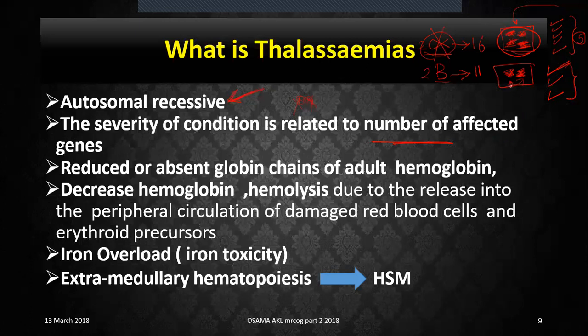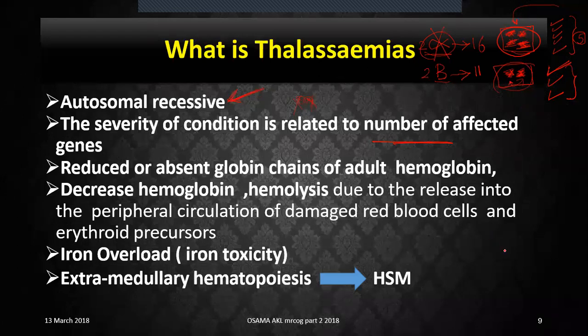The problem is these malformed RBCs, which have defective alpha subunit or beta subunit, of course, their lifespan is decreased. So we have increased hemolysis. These destructed RBCs are the cause of anemia.